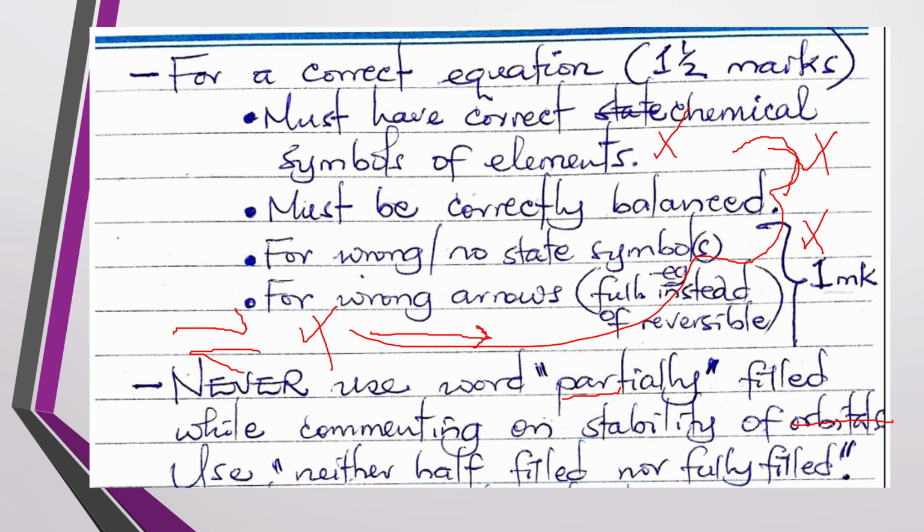Now here we say that we are not going to be using the word partially, because even something that is half filled is also considered partially. Even if you have 1 electron in the subenergy level, we would also consider this a partially filled subenergy level. So we should avoid this word at all costs.